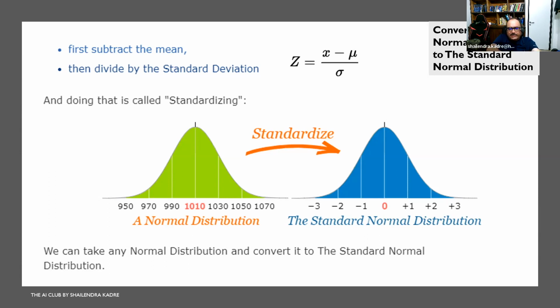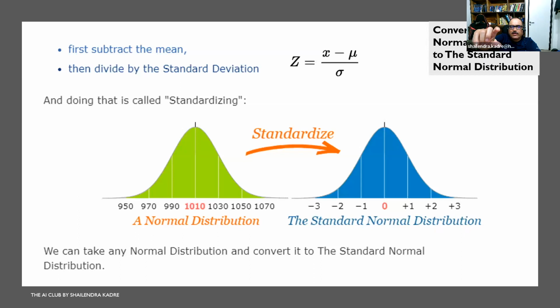First, we had plotted this. See the green one: 1010, 1030, 1050, 1070, and 990, 970, 950. They are actual values of X, which are there in a variable column. Now those values we convert into Z values.